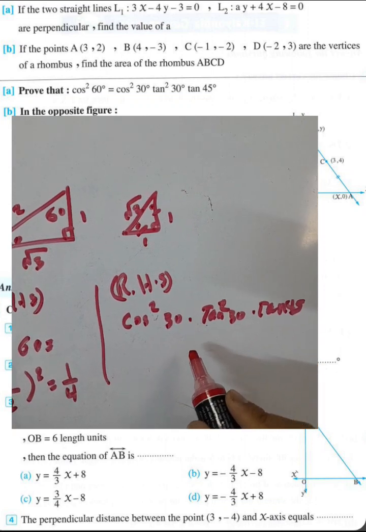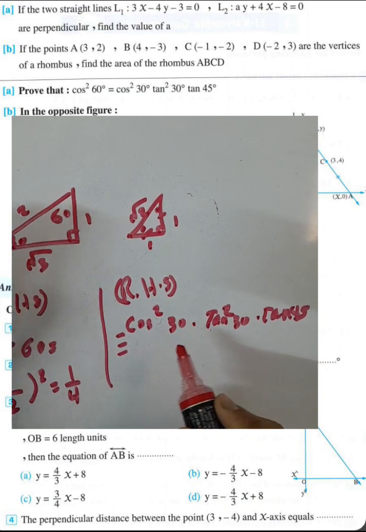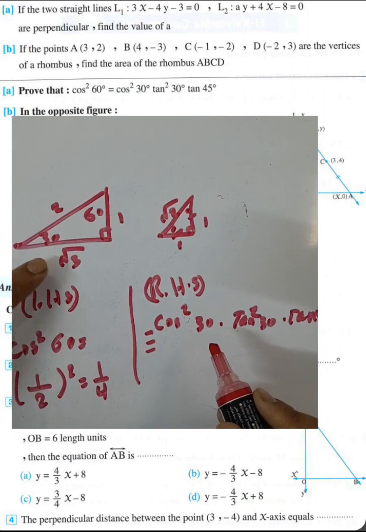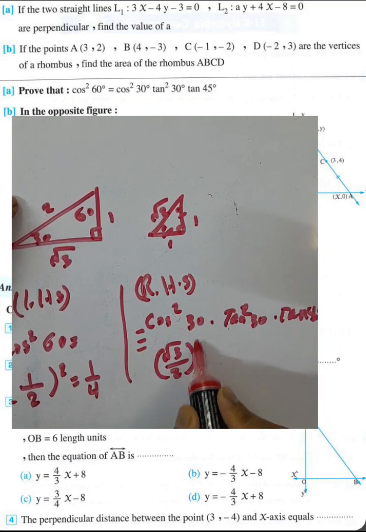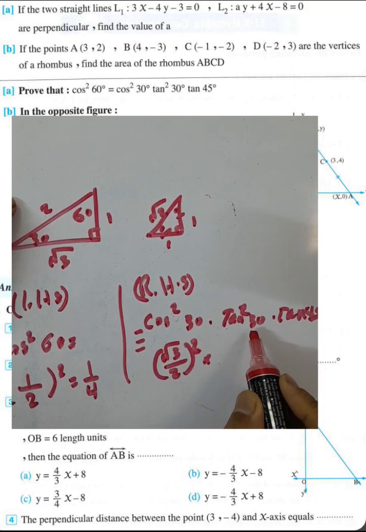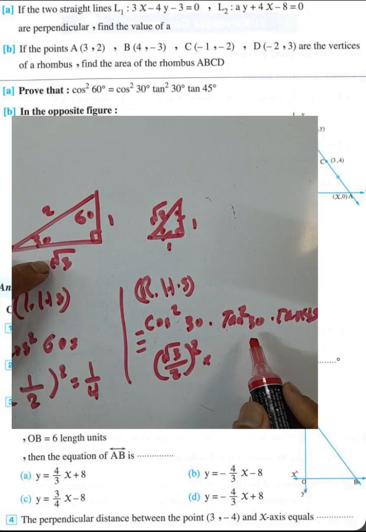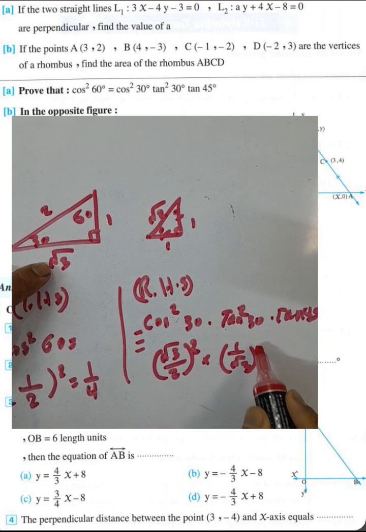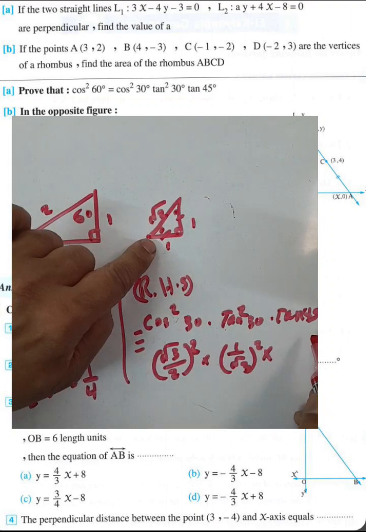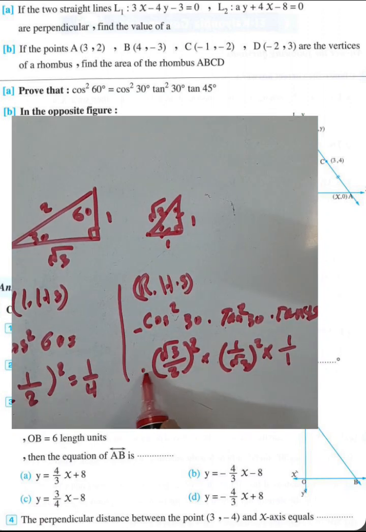Okay, complete with me. Cosine power 2 of angle 30, here we have cosine 30, it will be adjacent over hypotenuse, root 3 over 2 power 2, product by tan 30, it will be opposite over adjacent, 1 over root 3 power 2, times tan 45, it will be 1 over 1, and then you can complete the result here.